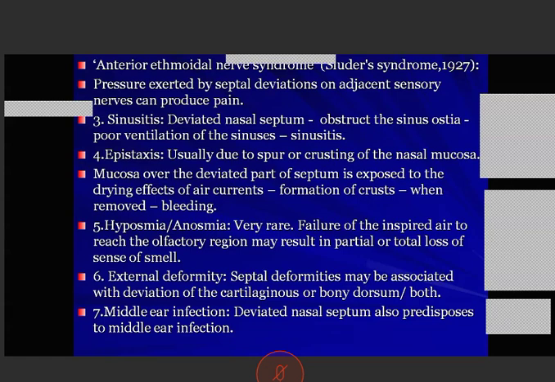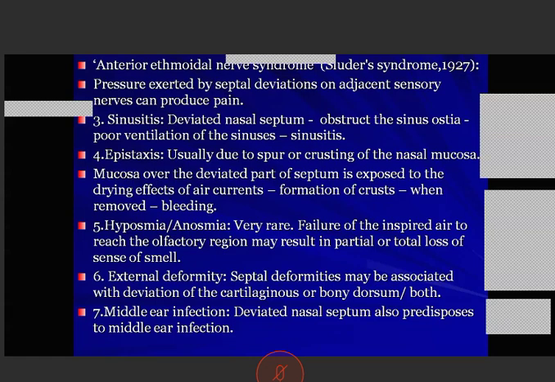The olfactory nerves are in the upper part of the nasal septum, adjacent to the upper part of the middle turbinate. So if there is a deviation, when the inspired air does not reach that area, you may not be able to detect the sense of smell.